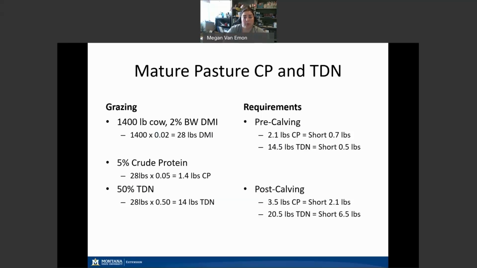So if we look at our mature pasture, crude protein and energy, I put this on here just to give producers an idea of what those cows are actually consuming each day.